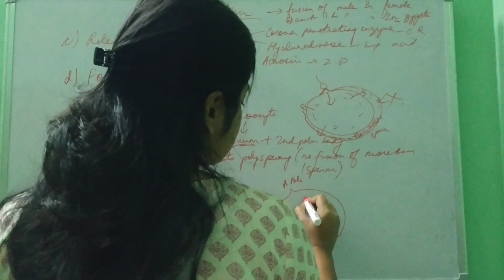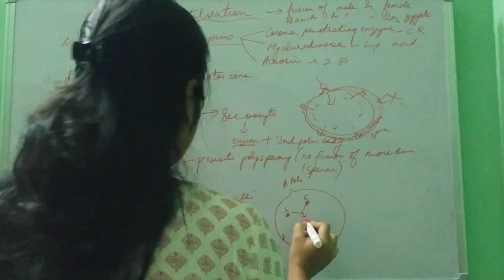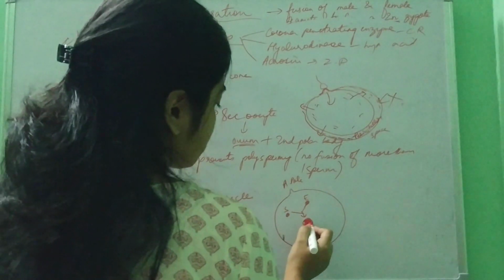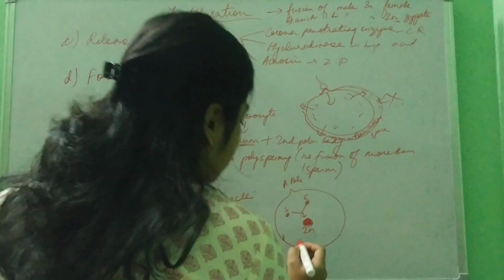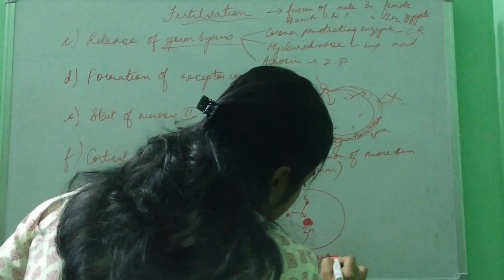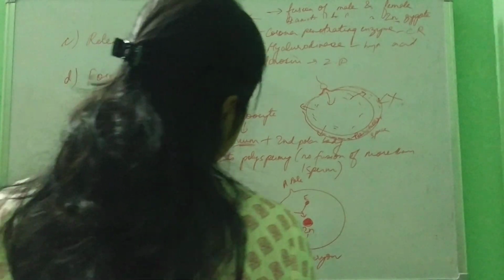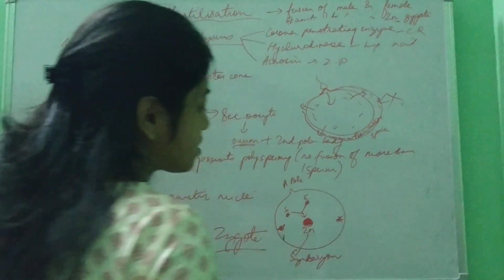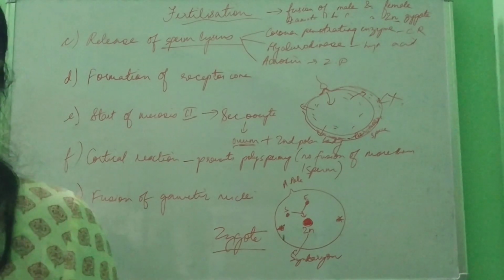So these two will fuse here, finally forming a diploid nucleus containing both sets of chromosomes. This nucleus is known as the synkaryon. This is the synkaryon and this structure is the zygote. Finally, the zygote is formed and the centrioles from the sperm come to the poles.